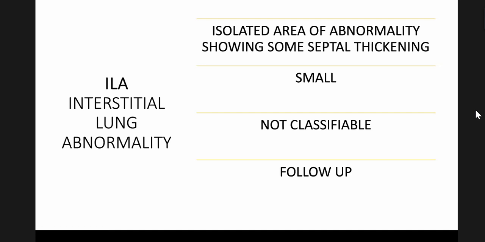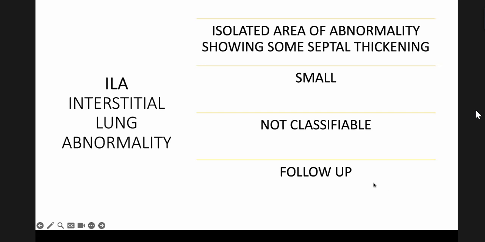It shows some amount of septal thickening. It is difficult to classify that. It is difficult to put them together into any pattern. So either we ignore it or we call it, but just to ensure that all such cases are followed up, we started calling this ILAs, or an area of interstitial lung abnormality. Follow up is recommended.